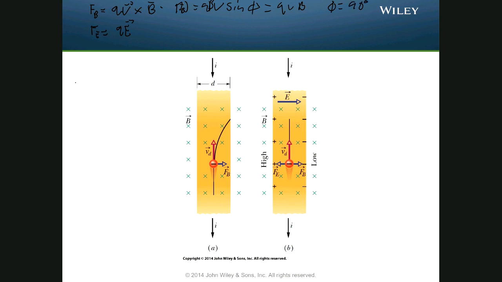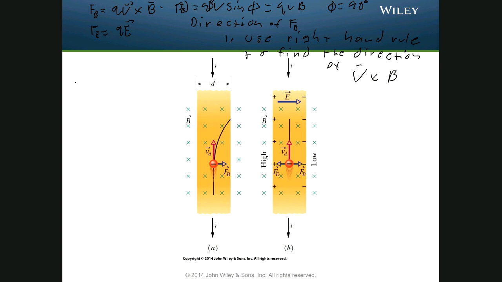The direction of F_B is not trivial and is difficult. In order to find the direction, we first have to use the right-hand rule to find the direction of v cross B. That's the first step.